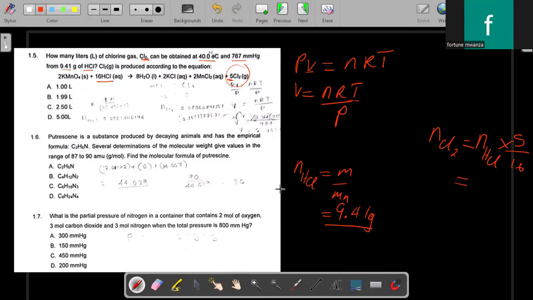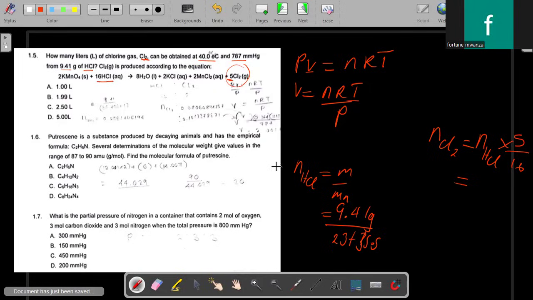You get your molar mass from the periodic table, so you get the molar masses for these two elements.